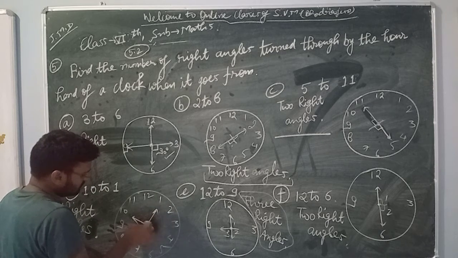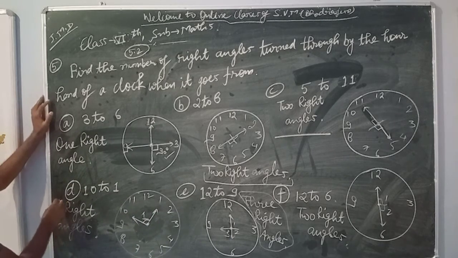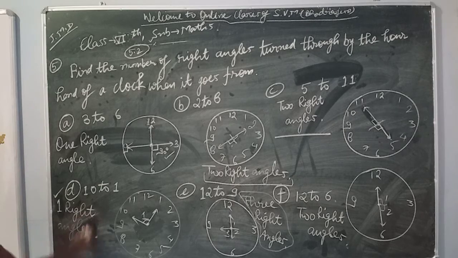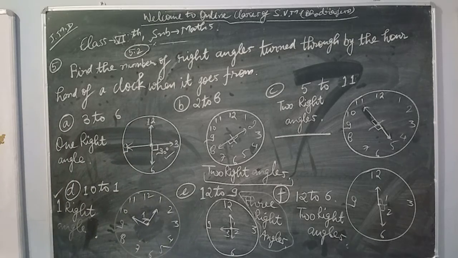It is clear that this way we will go, and only one. So one right angle is our answer. Next one is all the parts. I hope you have understood very clearly.